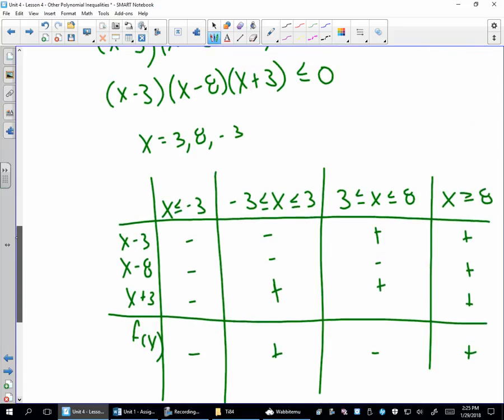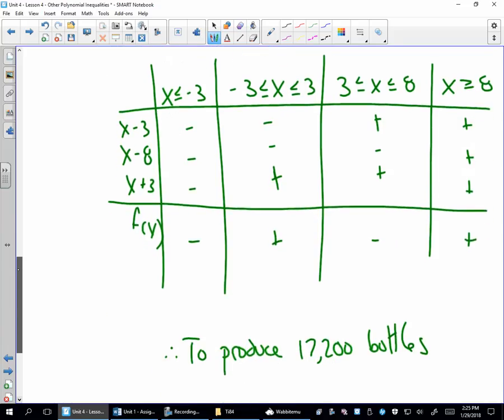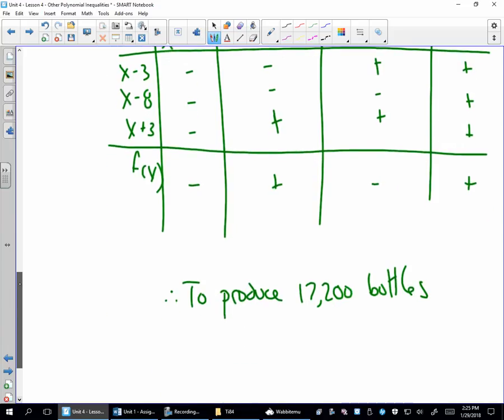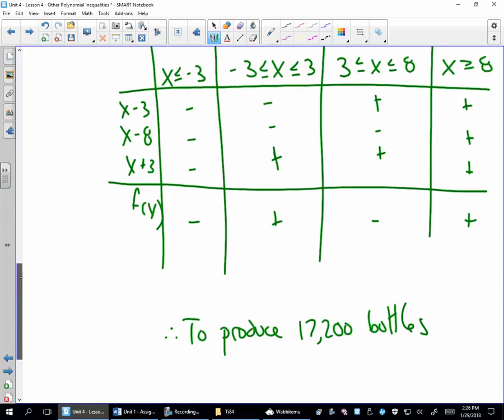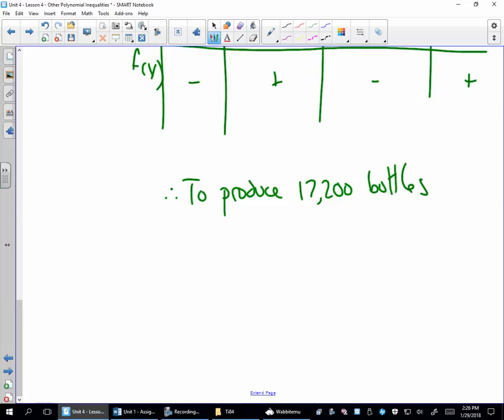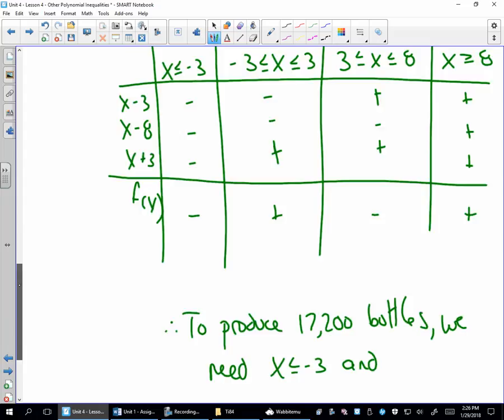We wanted to solve when it is less than 0. So we need x to be less than or equal to negative 3. And the other interval was 3 to 8.